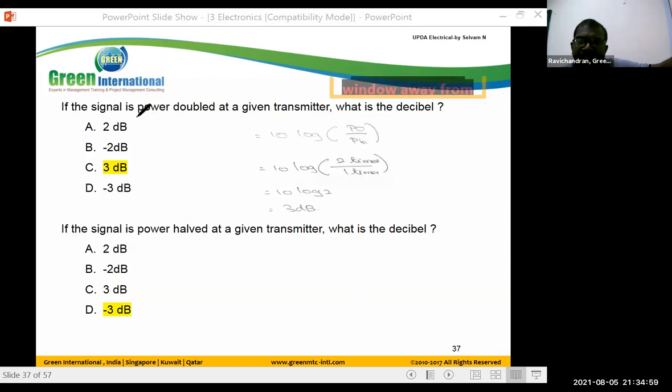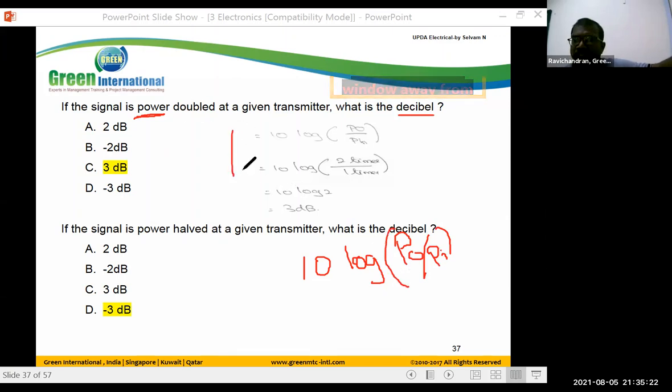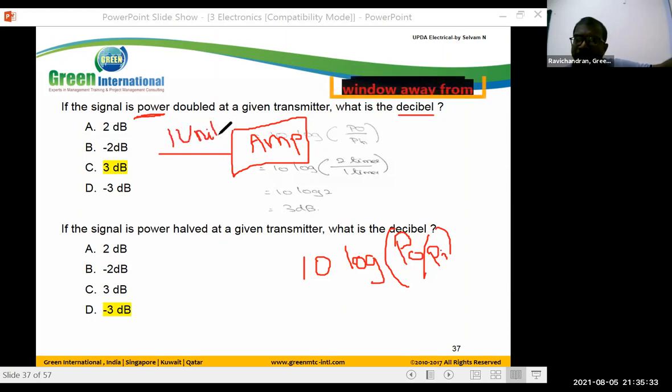Here, for power, we need to find the decibel. So we use the formula 10 log. In the first question, we have an amplifier where the given input is 1 unit of power, and we are getting 2 units of power.